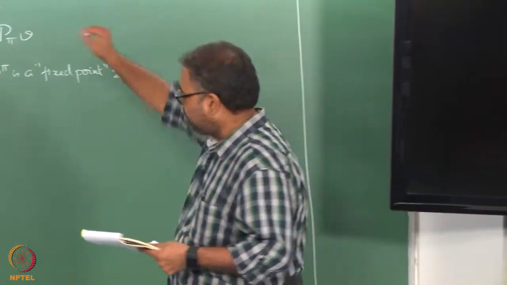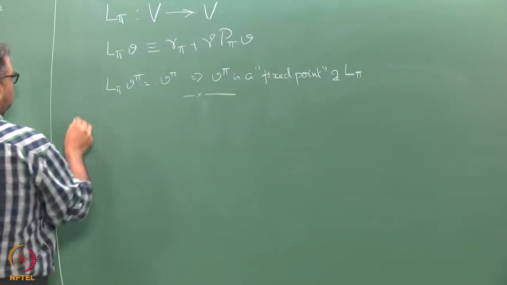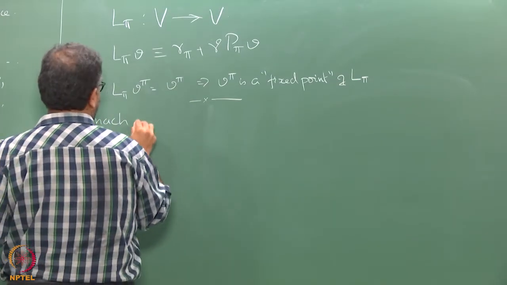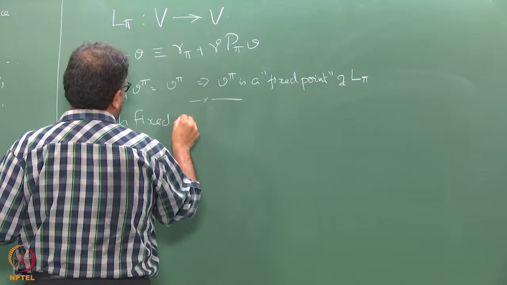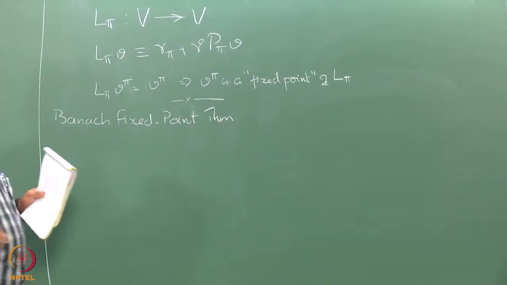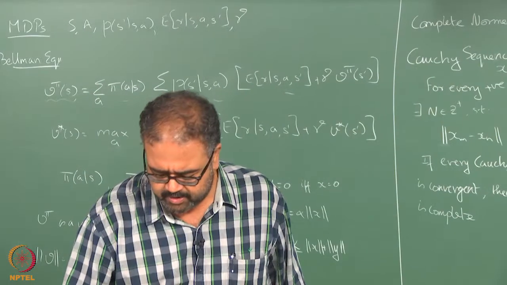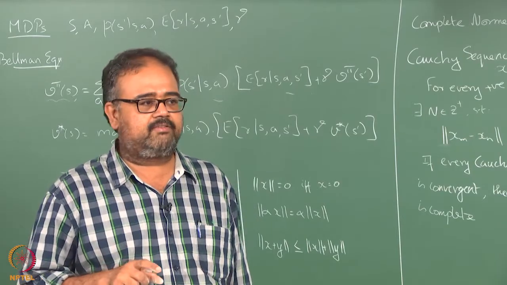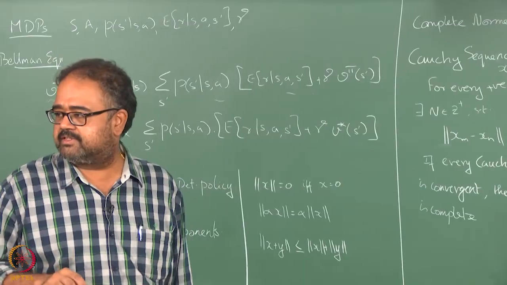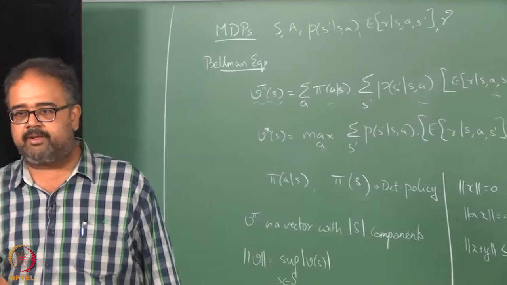Okay. Great. So I will introduce you to something called the Banach fixed point theorem, which is very basic. Believe it or not, whatever we are doing is very fundamental stuff, with very minimal math in terms of trying to prove convergence, because I have restricted you to finite MDPs.